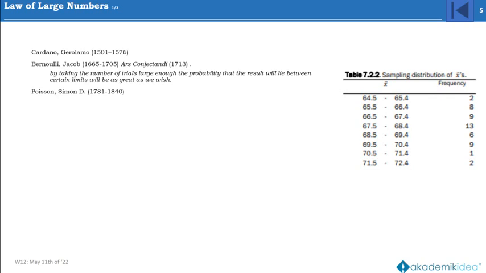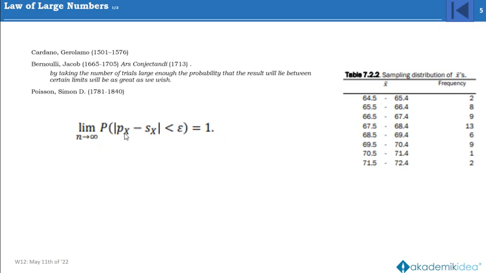Recall that we have stated earlier what Bernoulli proved. This is the restatement of what Jacob Bernoulli proved, in mathematical notation.